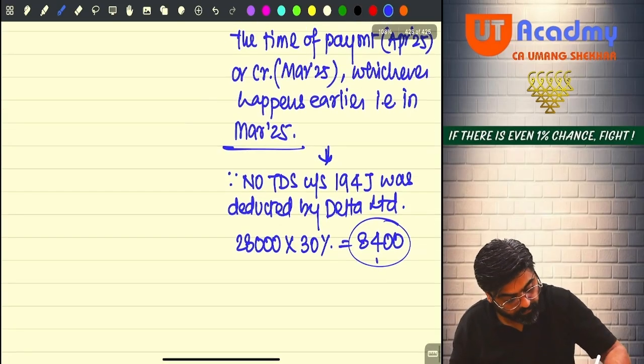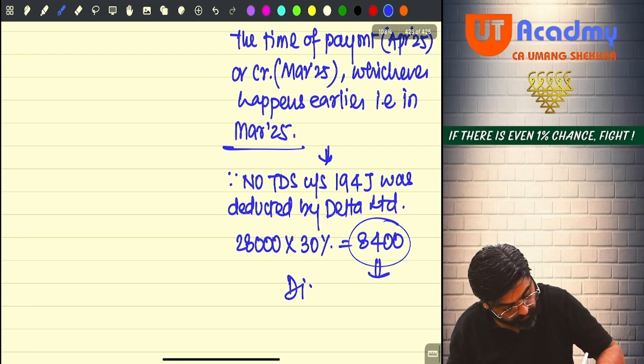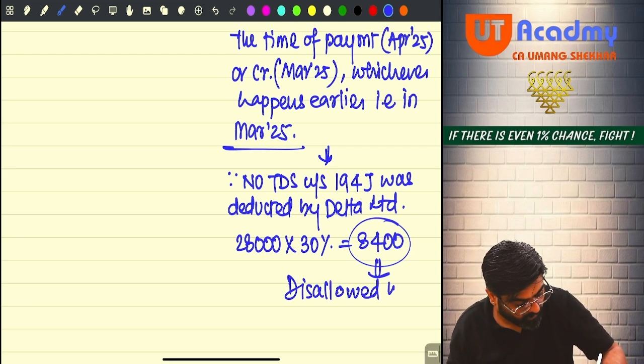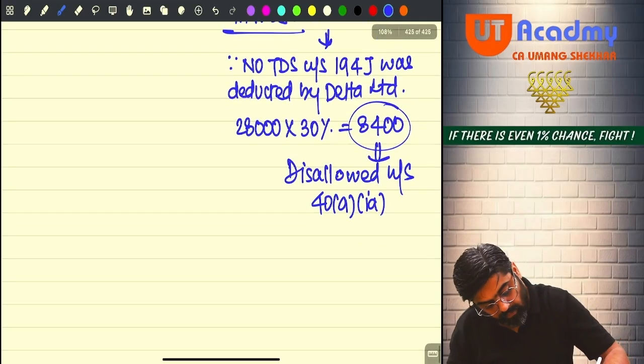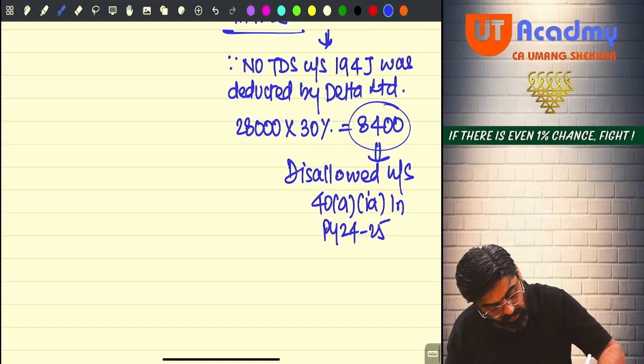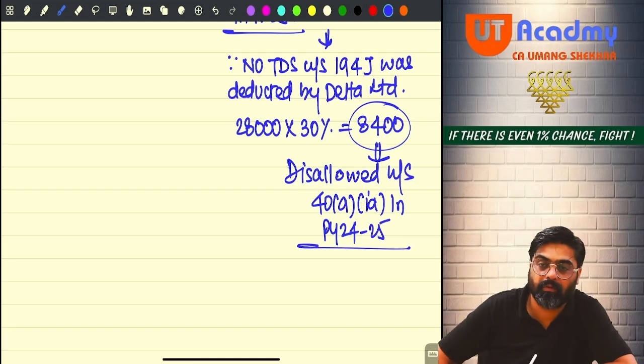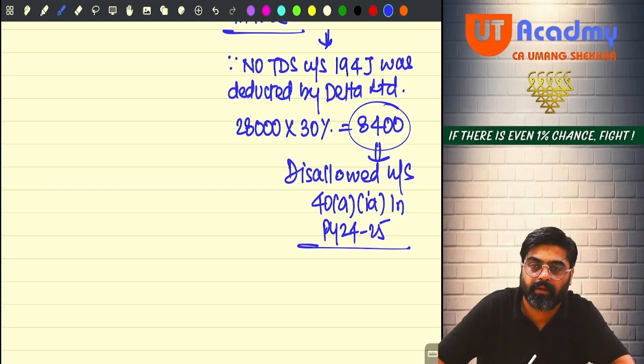This amount will now be disallowed under section 40A(ia) in previous year 24-25, because this was the year in which the TDS was supposed to be deducted. Okay.